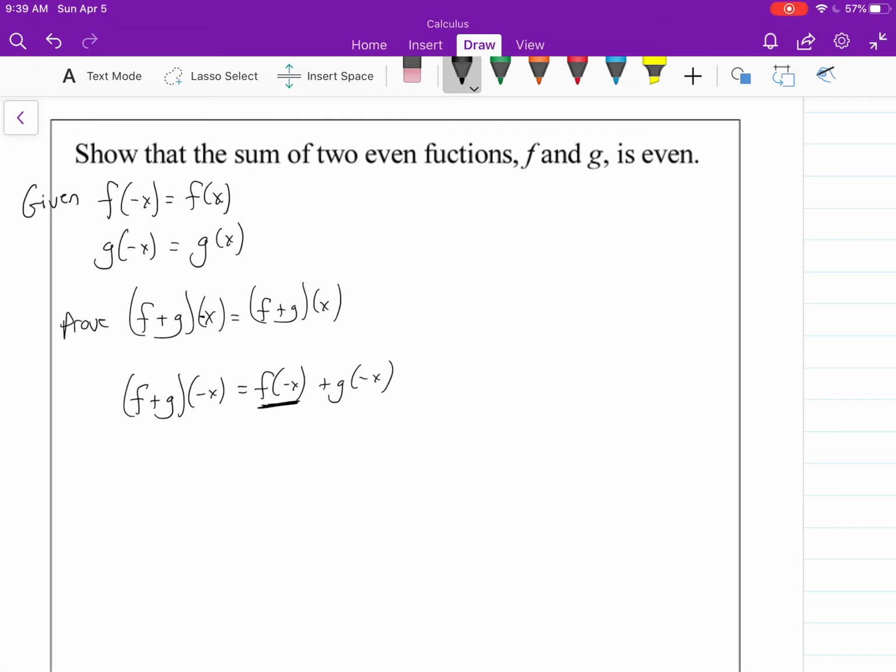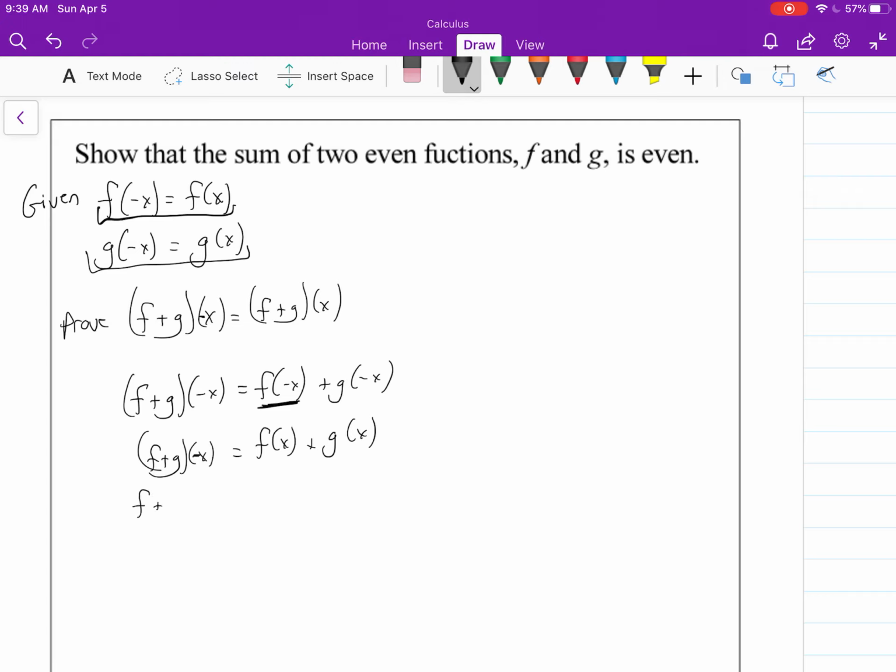Well, because f is an even function, what's that going to equal? F of negative x just equals f of x. And since g is even, g of negative x just equals g of x.